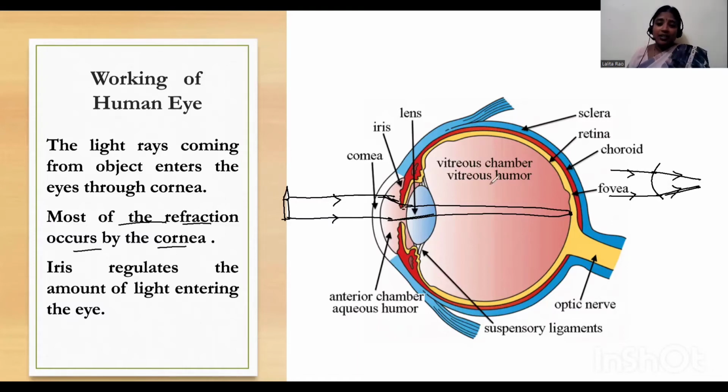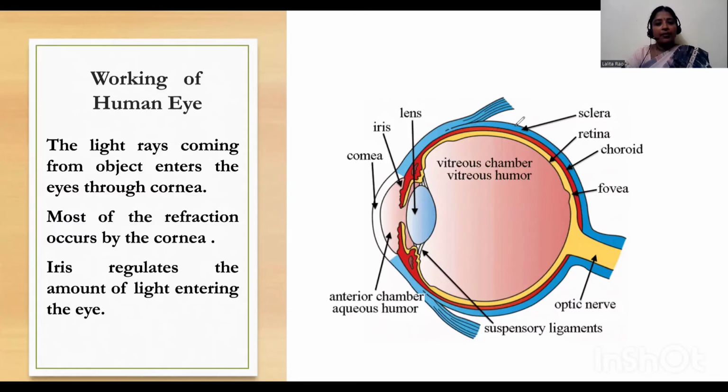Then the remaining convergence: these converged rays enter the eye through the pupil, and the iris controls and regulates the amount of light entering the eye through the pupil. Fine. So the cornea performs most of the convergence, and then the converged rays go through the pupil and strike the crystalline lens.